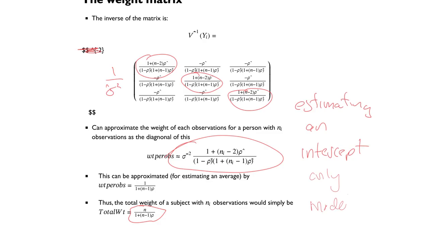This is, again, only to give some heuristic for what's happening. The total weight per subject will be something like their sample size over 1 plus their sample size minus 1 times rho. So you see as rho gets bigger, the total weight gets smaller for the same n, right? And the effective n will be different at different rhos.